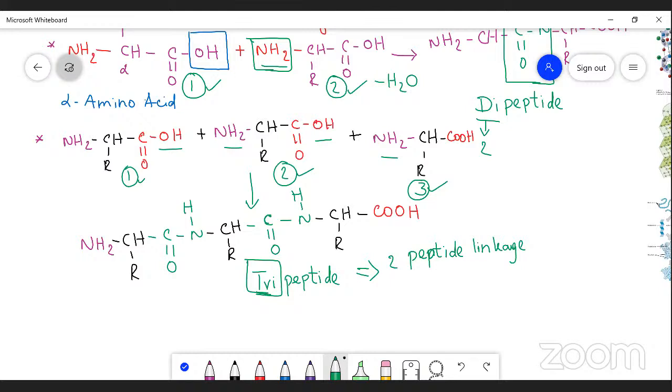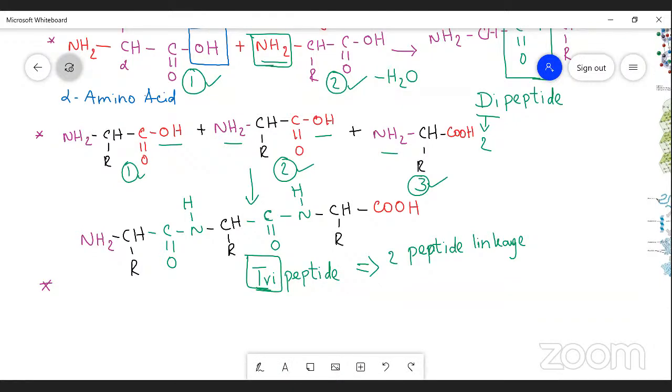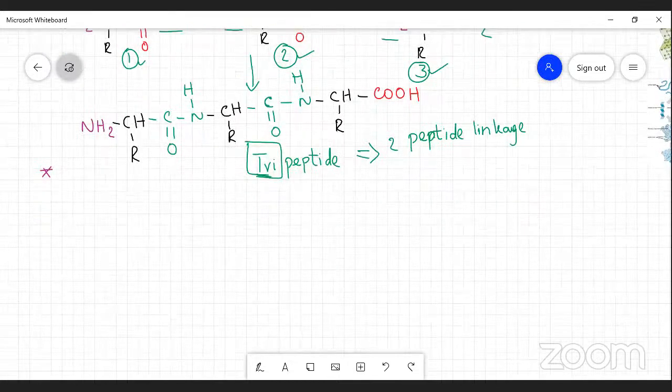So a tripeptide contains only 2 peptide linkages, and a dipeptide has only 1 peptide linkage. Generally, if n amino acids are joined together, then n minus 1 peptide bonds are formed. So we take n amino acids.